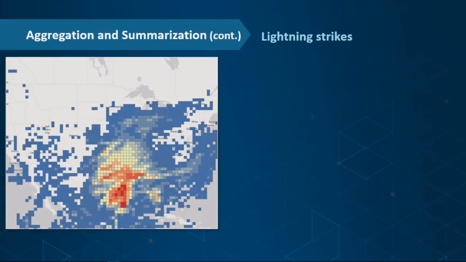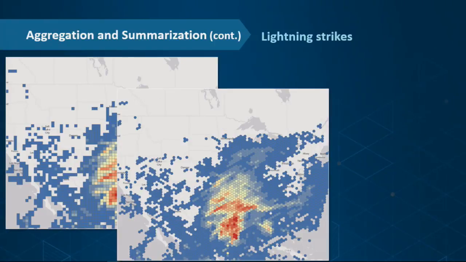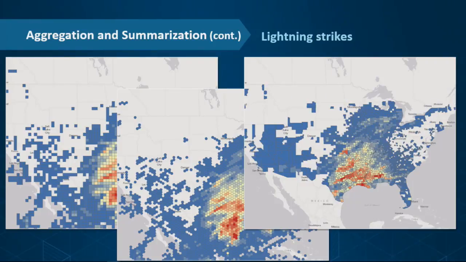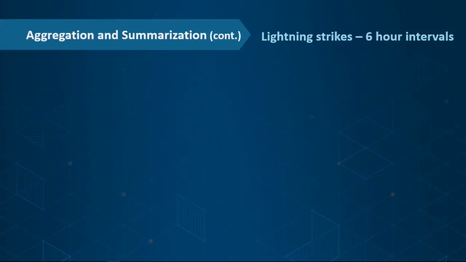Your data sets, you can take your lightning strike data. This is just some lightning strike data, a couple weeks' worth. Here we aggregated or summarized it into bins. You can also summarize it into hexes, as Mike showed you during the demos. And you can also summarize it into polygons. This right here is probably US counties, okay? So you can summarize this point information three different ways. Now, an interesting thing you can do is also take into account the intervals, like we did when we talked about the panel data.